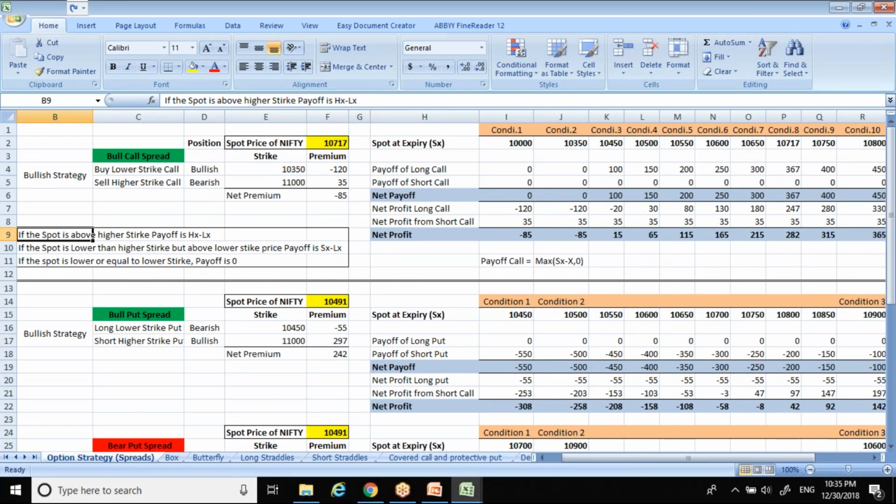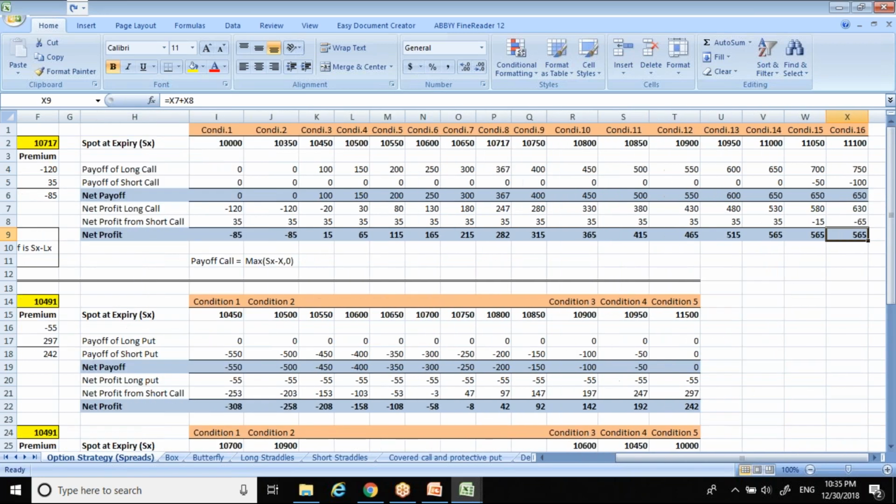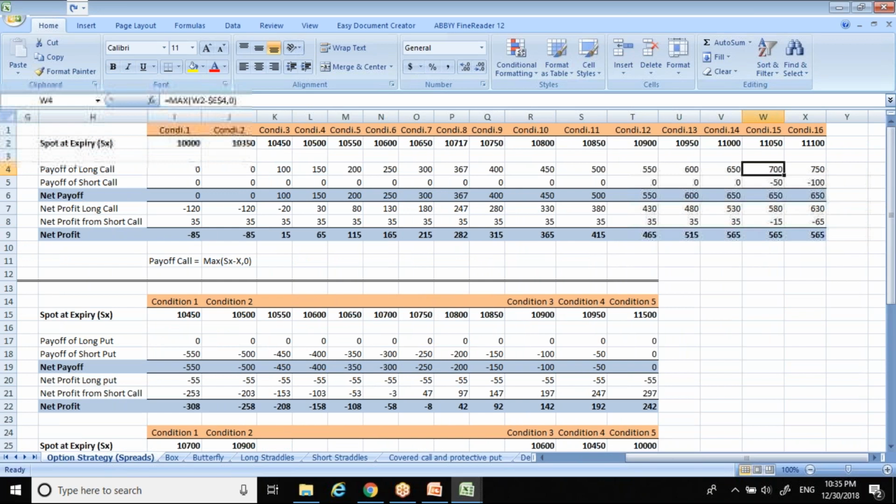Your loss is limited to the net premium, and your profit is limited again. The call buy will give you unlimited profit, while the call sell will give you unlimited loss. So profit and losses offset after a time, because after 11,000 the call sell will start giving you losses. So your profit will be limited to 565, and your losses are limited too.